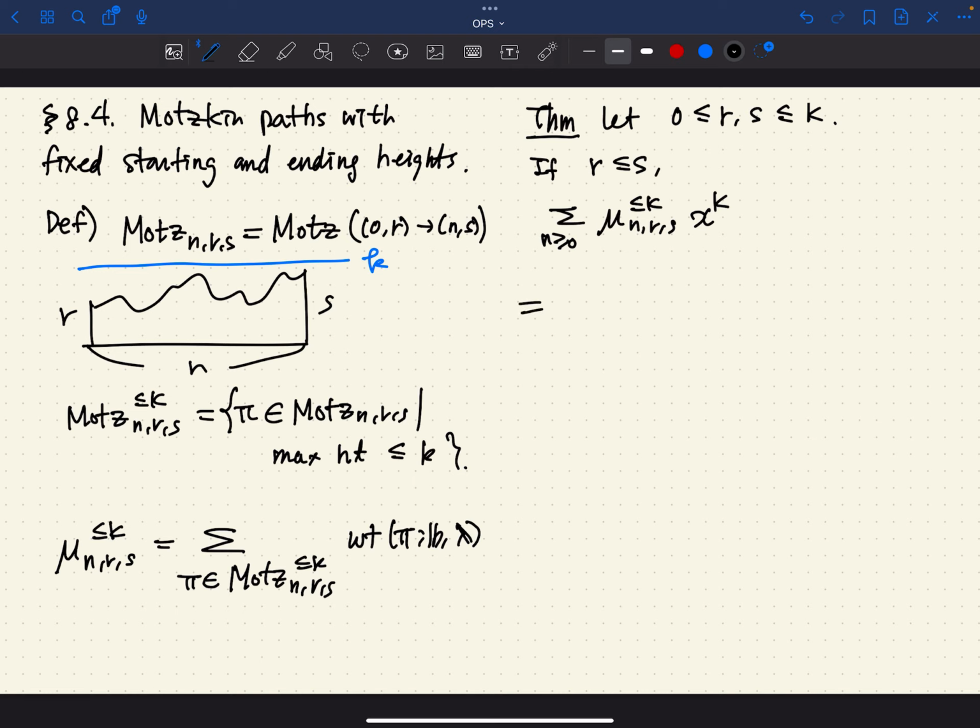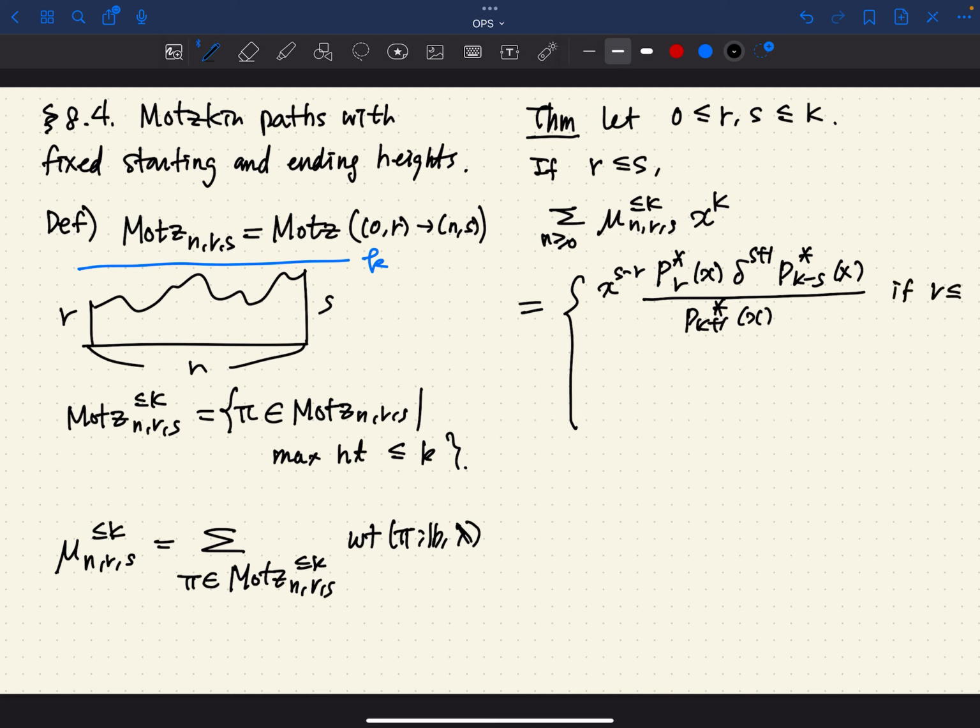Okay, let me put it this way. x to the s minus r. This looks somewhat complicated. Let me omit b and lambda, just to make it easy to write. Over p k plus 1 star x if r less than or equal to s.